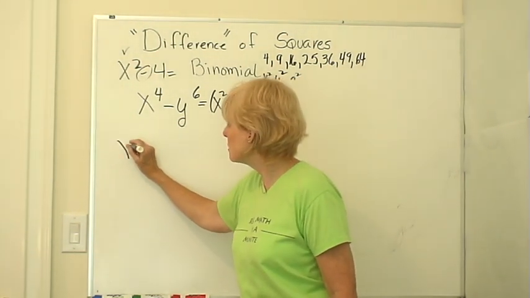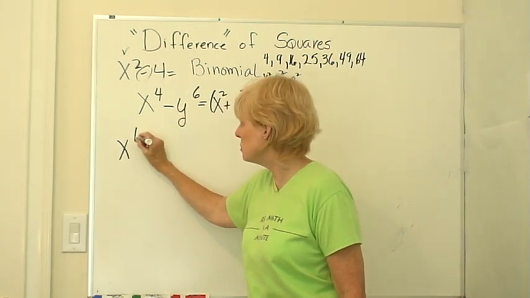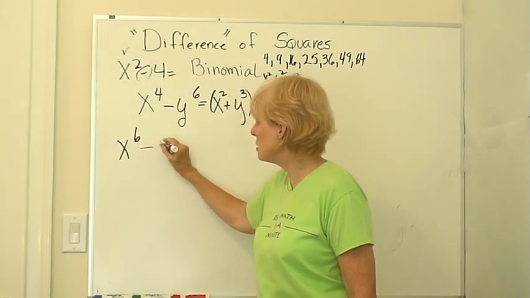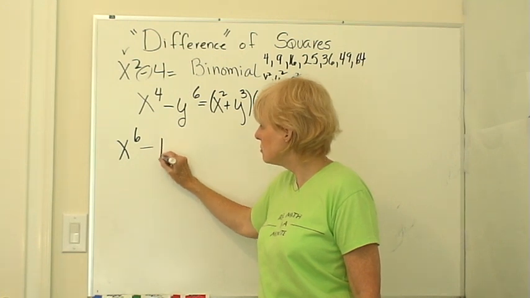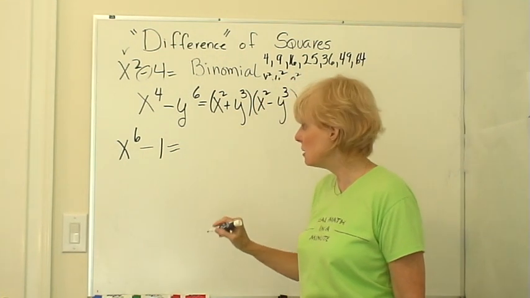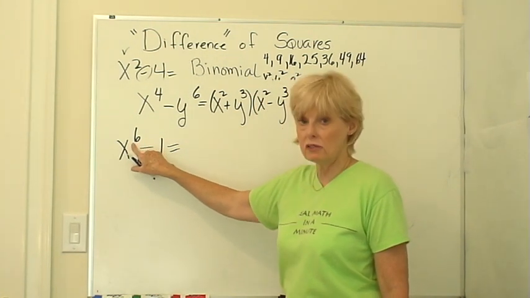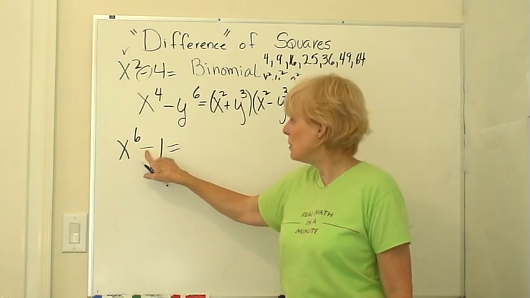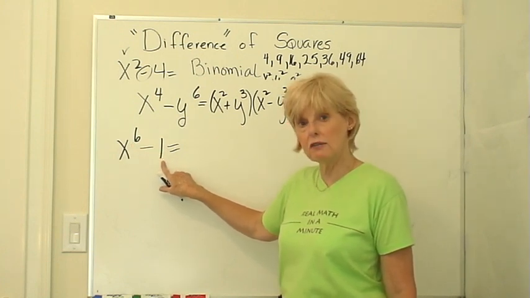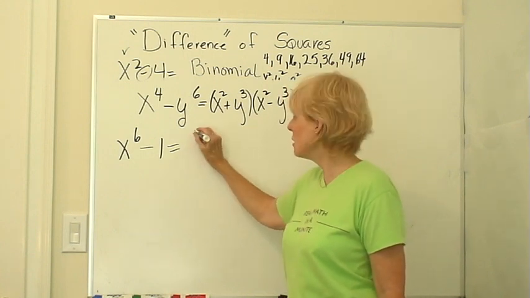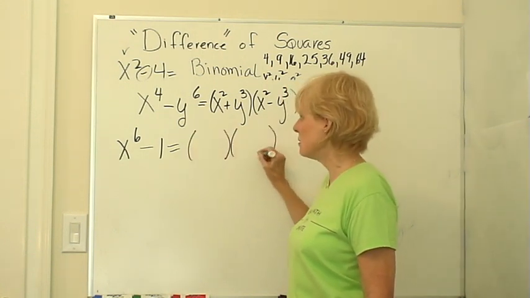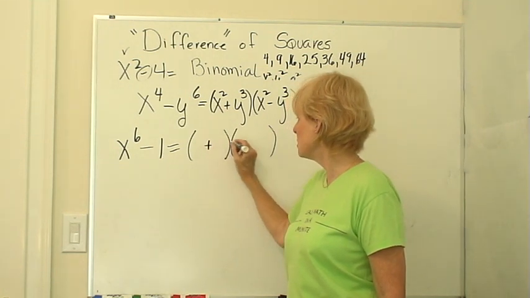Suppose we have x to the, we'll just stick with 6 a minute, minus, let's just say 1. Okay? Do we have a square? Yes, we do. It's even. Minus a square. Is 1 a square? 1 times 1? Oh, yeah, it is. So here we go. Same thing. A plus and a minus, so we can kind of get used to that.